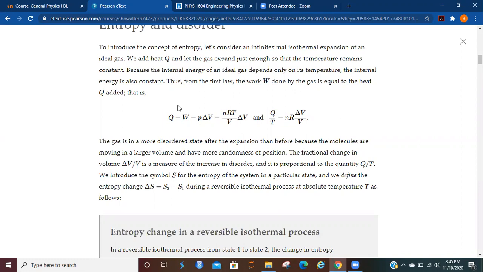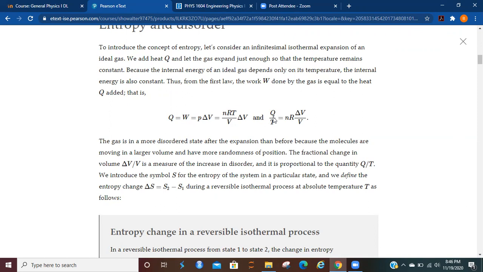You're going to add some heat and then let the gas expand just enough so the temperature remains constant. Because the internal energy of an ideal gas depends only on its temperature, the internal energy is also constant. So from the first law, the work done by the gas is going to be equal to the heat. Work is going to be pressure times the change in the volume. We know how to write the pressure.